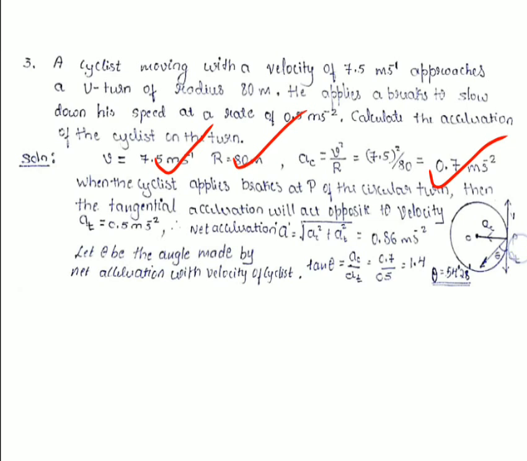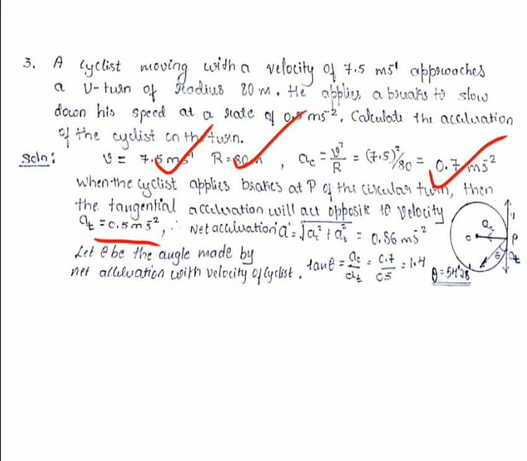So at point P, the velocity is acting this way and the acceleration is acting in the downward direction. When the cyclist applies the brake, the acceleration value given is 0.5 meter per second square.